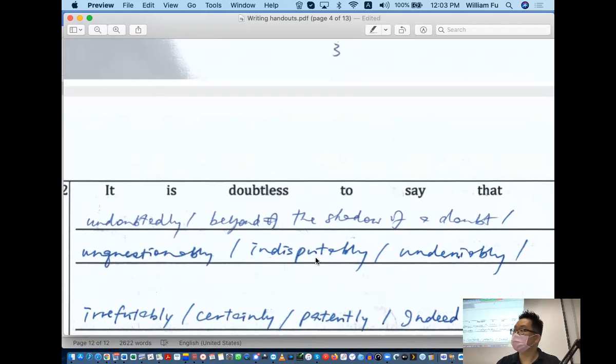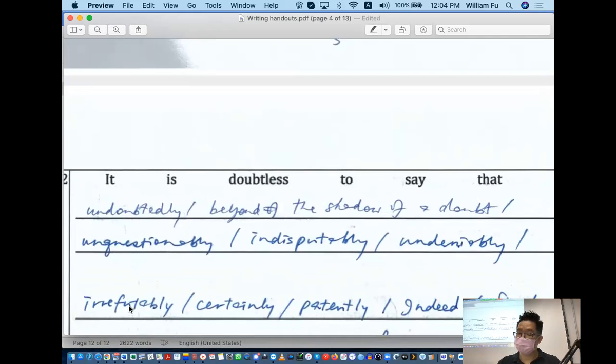Indisputably. You know dispute? Dispute 紛爭，唔使拗, indisputably. Undeniably 無可否認, undeniably. Irrefutably: R-E-F-U-T, refute, I-R-R-E, irrefutably.